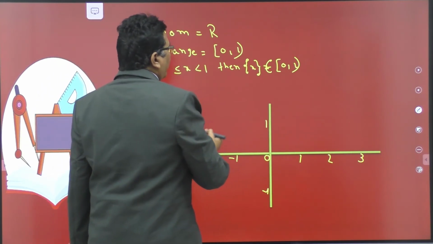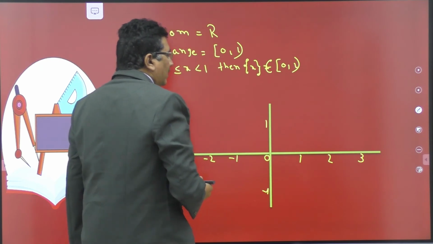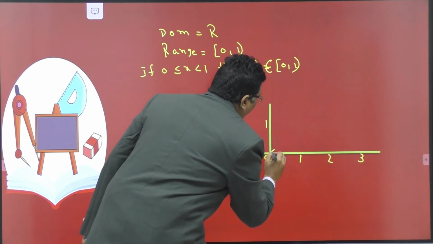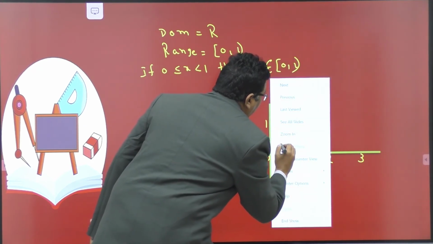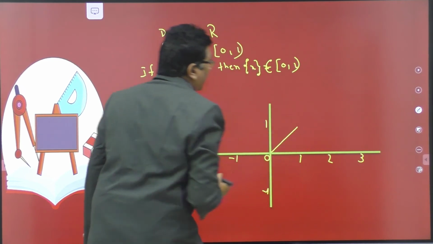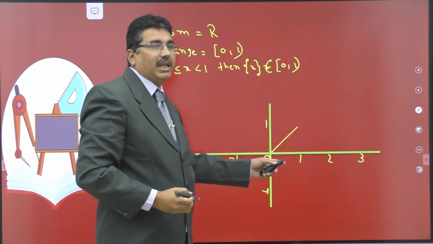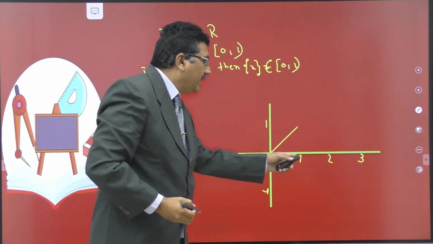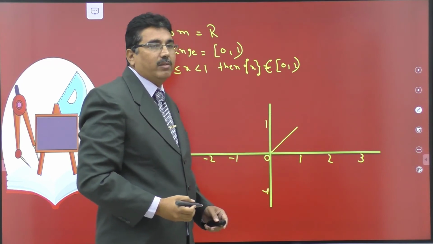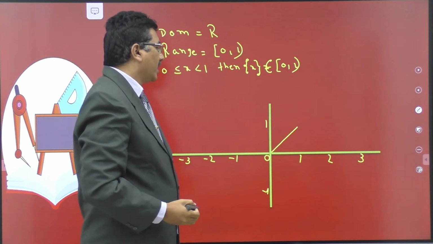So the graph in this interval 0 to 1 is y is equal to x. If we take any fraction between 0 and 1, we get the same fraction. It means it is an identity function, right?